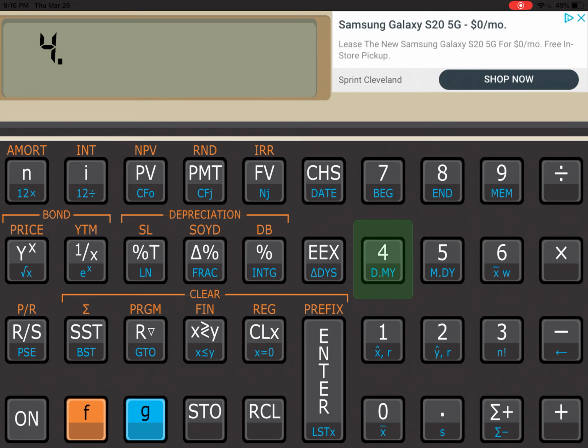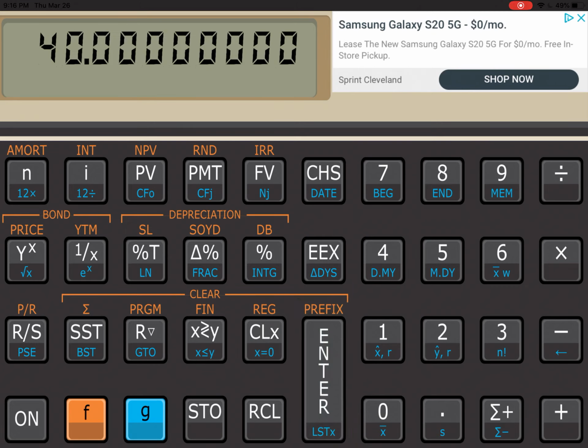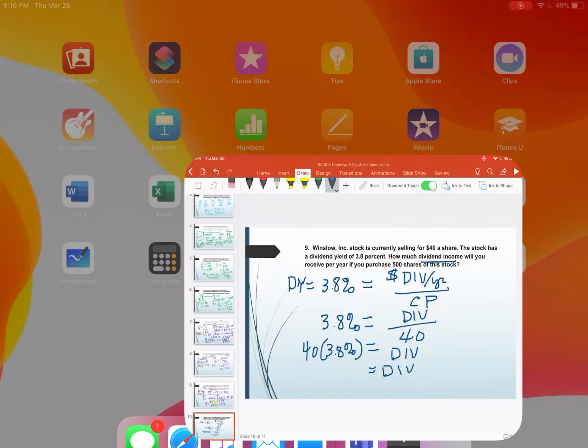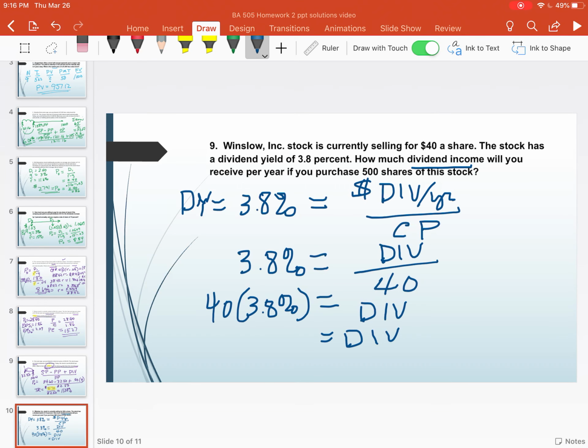Sorry about that, I'll say 40, enter, 3.8, enter, 100, divided by is 0.038. Times is $1.52 in dividends. So $1.52 would be the total dividends per year.